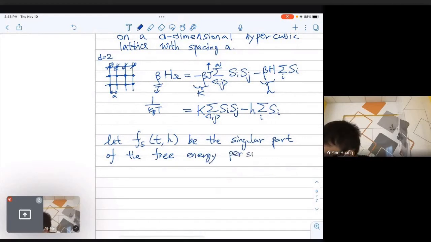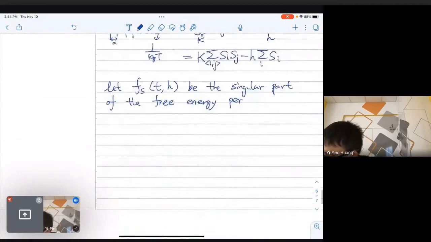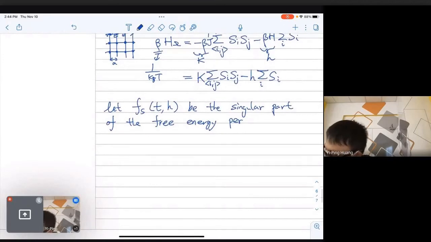Since we are discussing a lattice model, the free energy density is basically the free energy per spin.